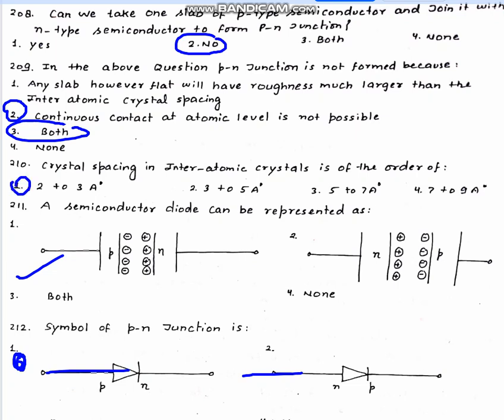Next, a semiconductor diode can be represented as, near P side we have negative charges and then on the N side we have positive charge. So third is correct. Next, the symbol of p-n junction is the first symbol that we have.